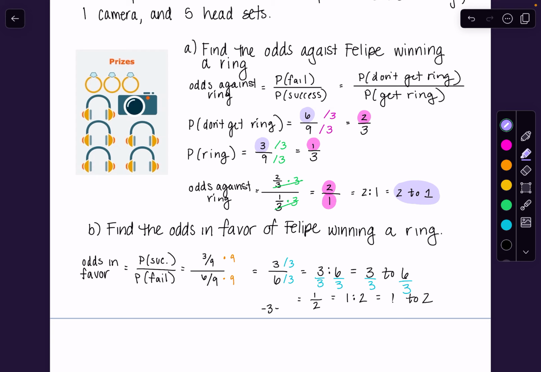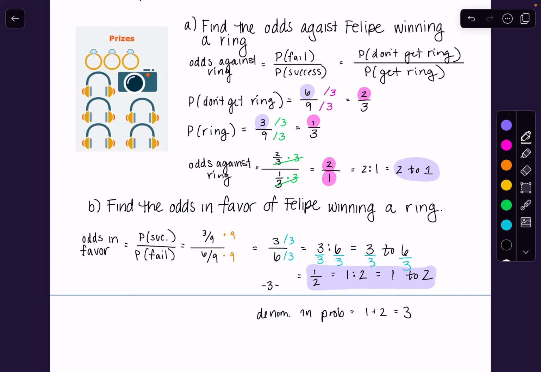Okay. So one thing you're also going to have to be able to do is if you're given the odds, you need to reverse engineer the probabilities. And so I want to see if you're going to be able to do that, but to just give you an insight, if I were to reverse engineer the probabilities from these odds, this would tell me my denominator in both of my probabilities is going to be the sum of them, 1 + 2 or 3.